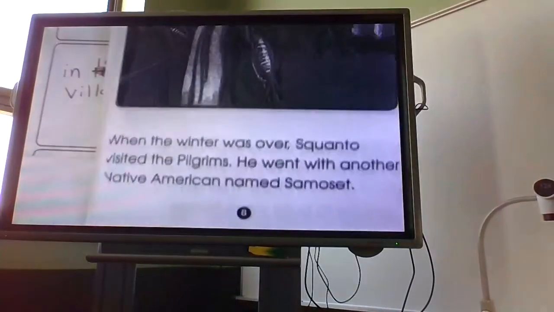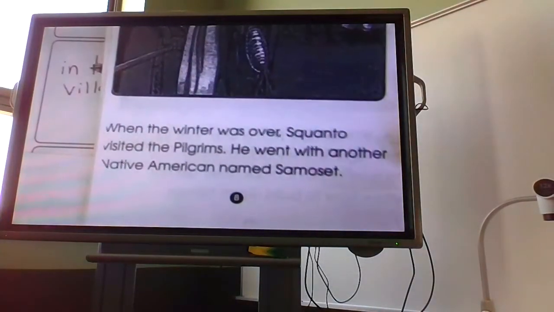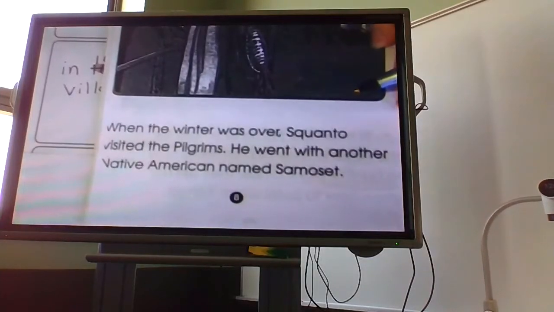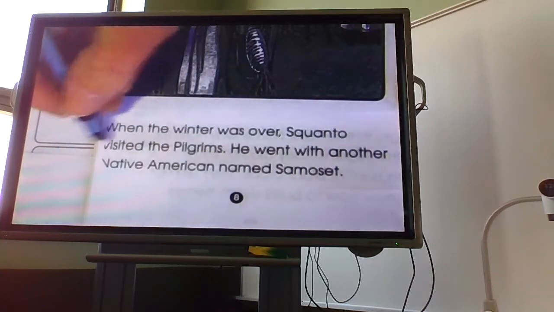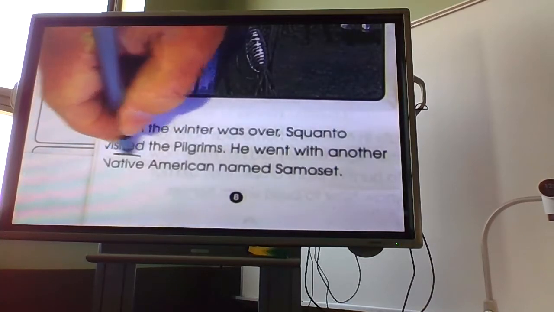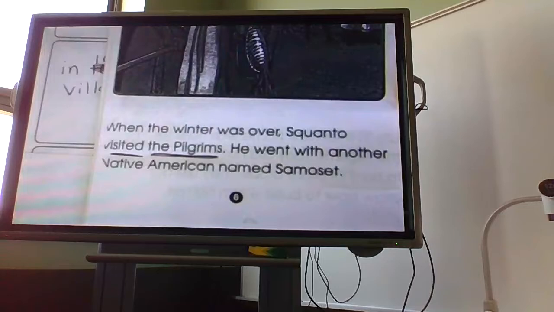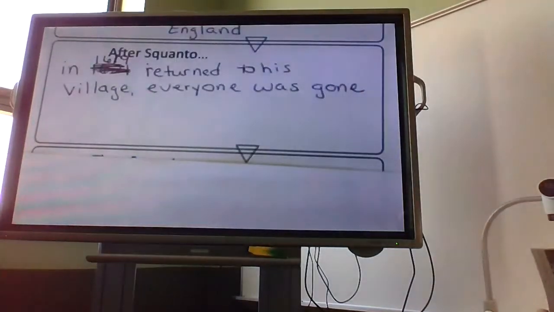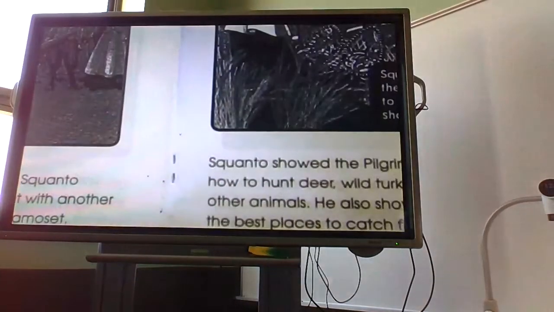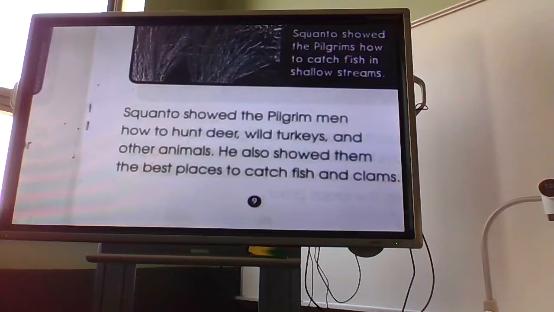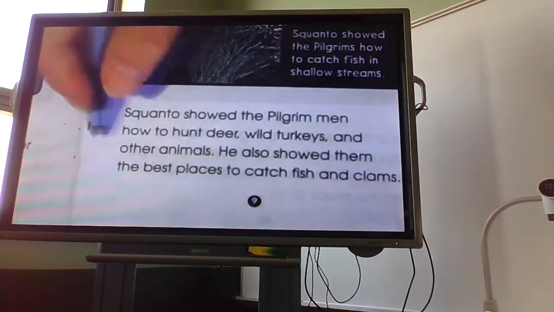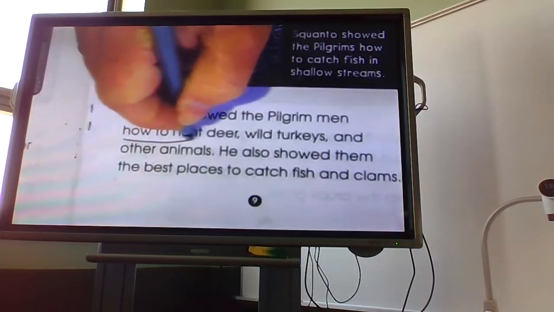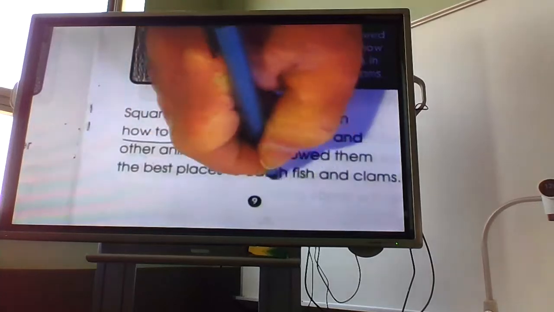So it says, when winter was over, Squanto visited the Pilgrims. He went with another Native American. Okay, so he visited the Pilgrims. Then we're going to turn to the next page, and I've got that one highlighted, and I'm going to underline. He showed them how to hunt, how to fish.